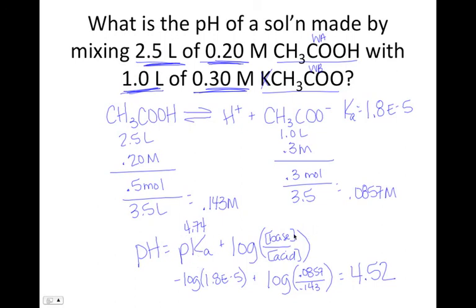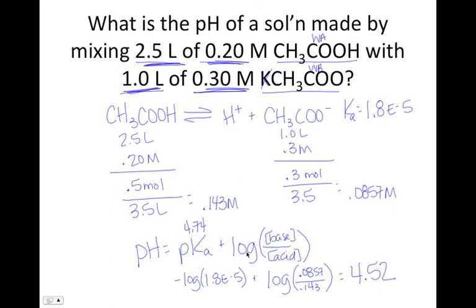If the base concentration was higher, then we would expect our answer to be higher than the pKa. If our acid concentration is higher, then we would expect our final answer to be lower than the pKa.